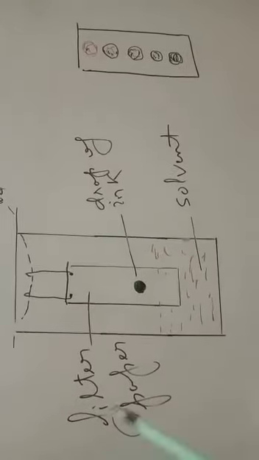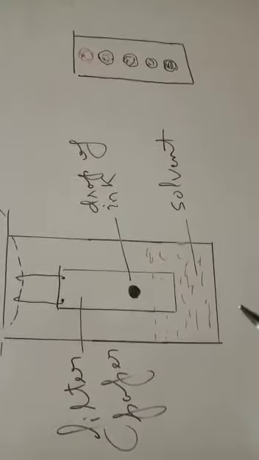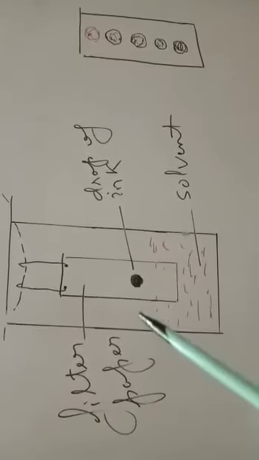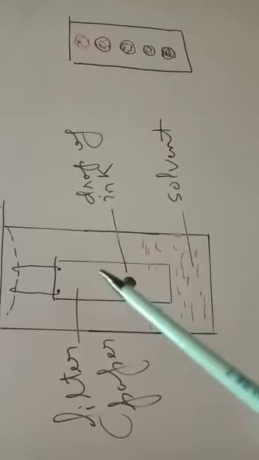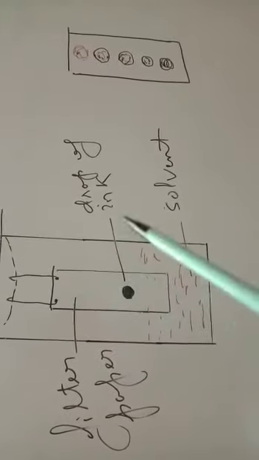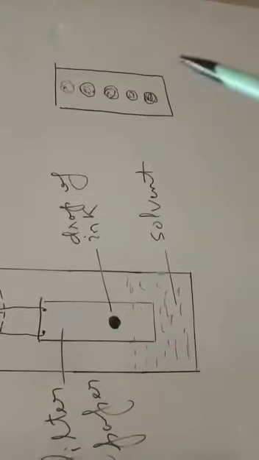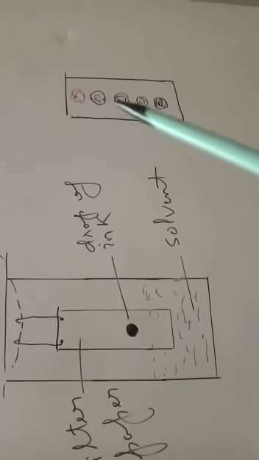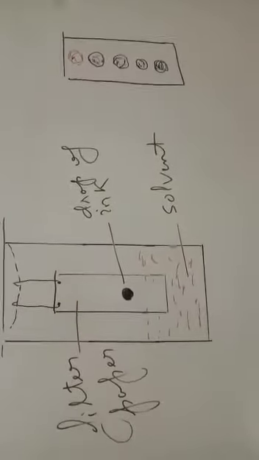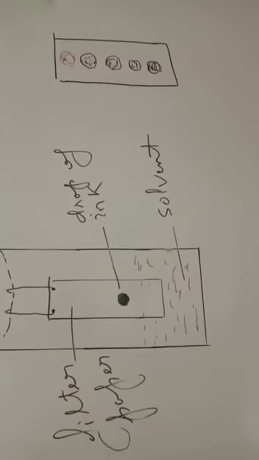Then after a few minutes you will see that from this one drop, different circles were formed on the filter paper. The different colors or rings which are formed show the different constituents present in the ink.